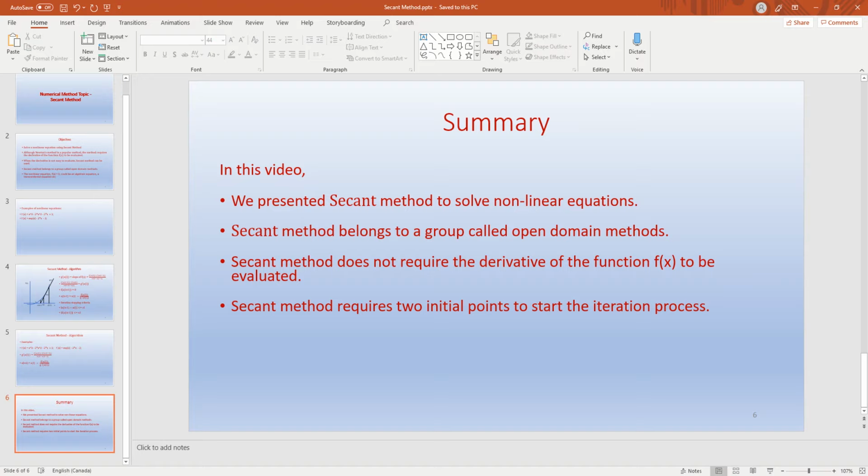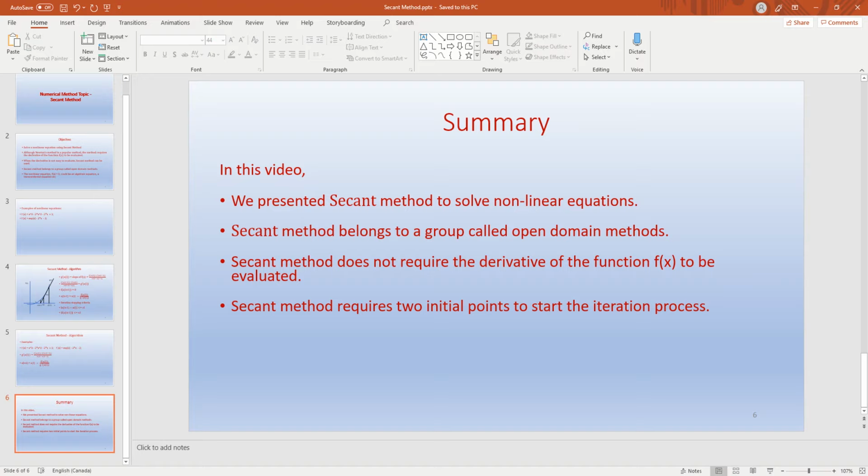So the secant method is the third open domain method that we have seen. The one advantage of the secant method is that we don't need to obtain or evaluate the derivative of the function f of x. When it is not easy to evaluate the derivative of the function f of x, the secant method can be easily adopted.